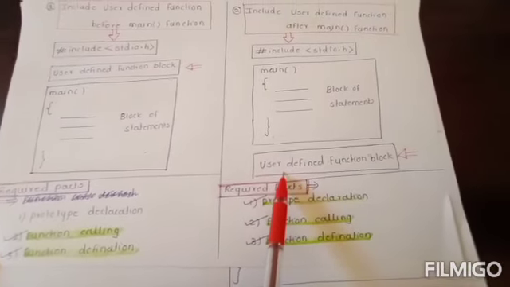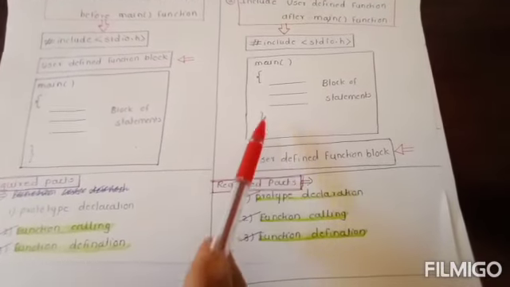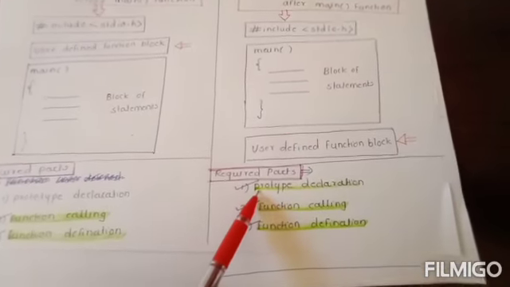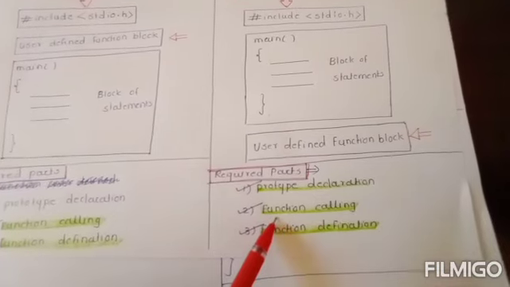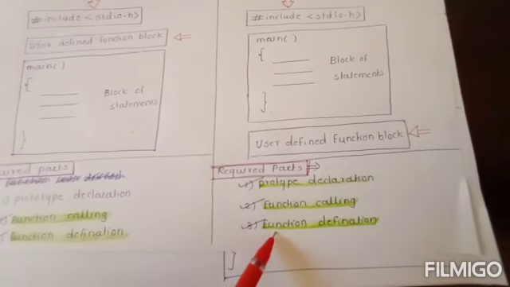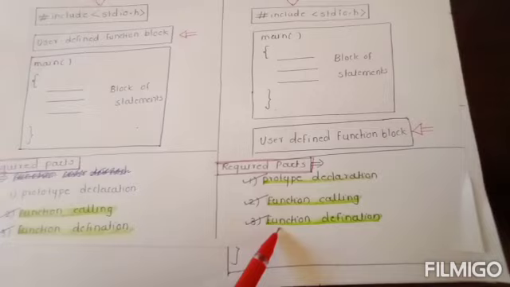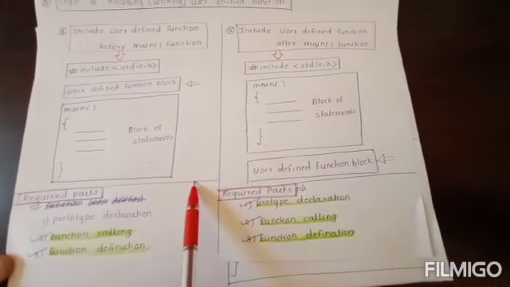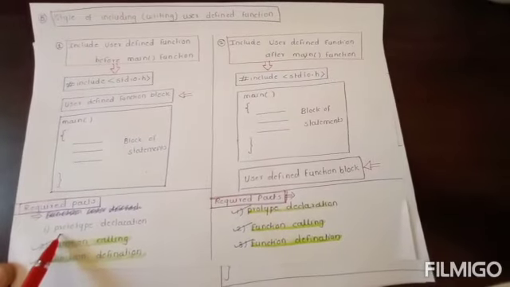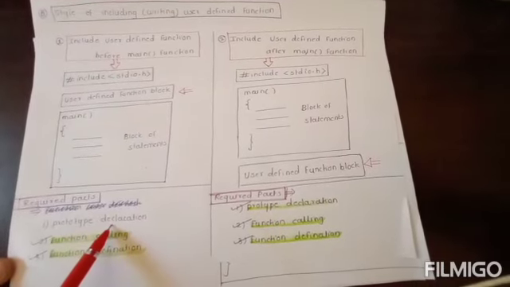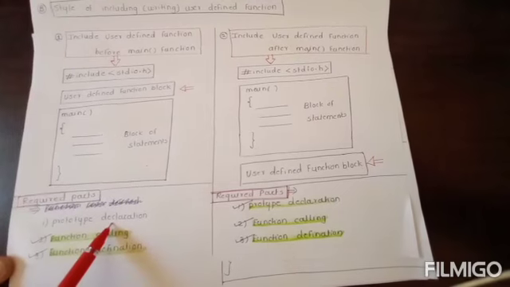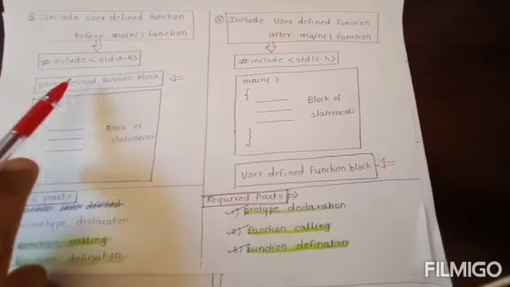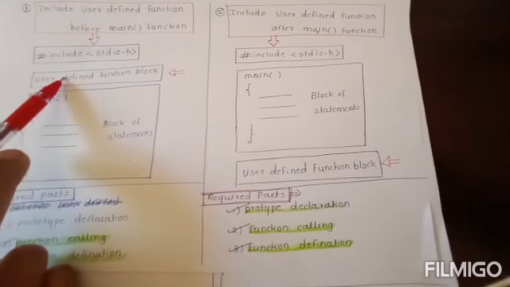If I include the user defined function block after the main function, then I require prototype declaration, function calling as well as function definition. So if I compare both styles, prototype declaration is not mandatory when we include the user defined function before the main function.